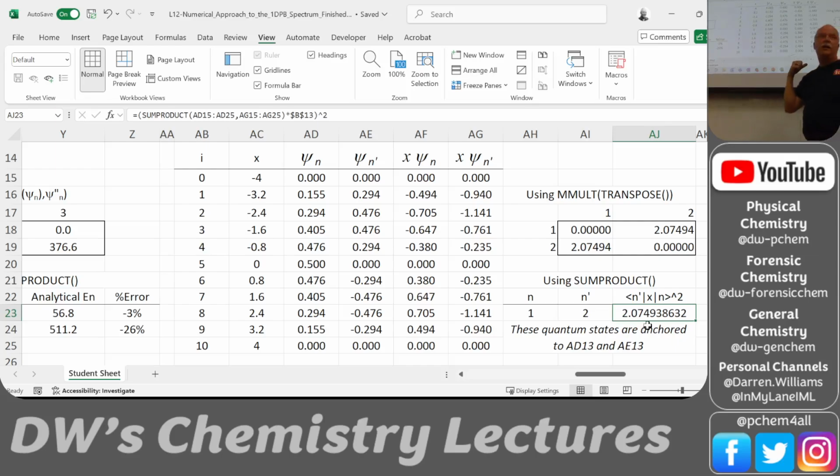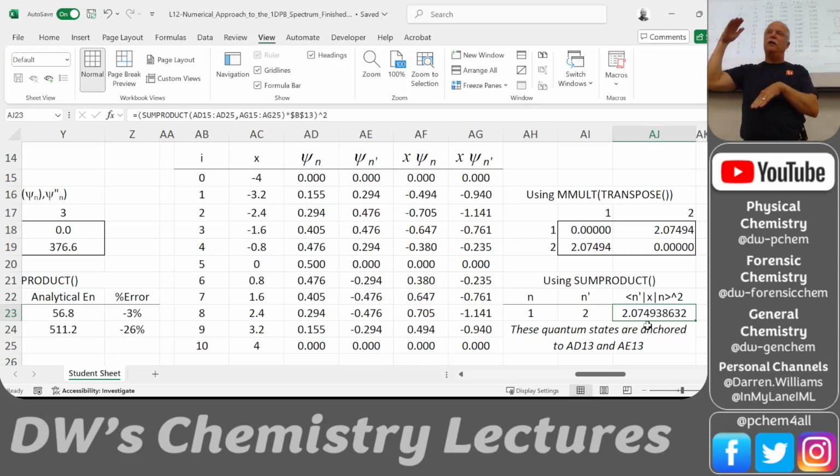So we know it's non-zero because you can see it right there, 2.07. And that took many, many pages of math to do by hand. Now you might say, well, this is many, many pages in the spreadsheet. It's a whole lot easier to just double click that little box in the bottom corner and have it paste down, right? Than it is to start writing all of your equations over and over again.